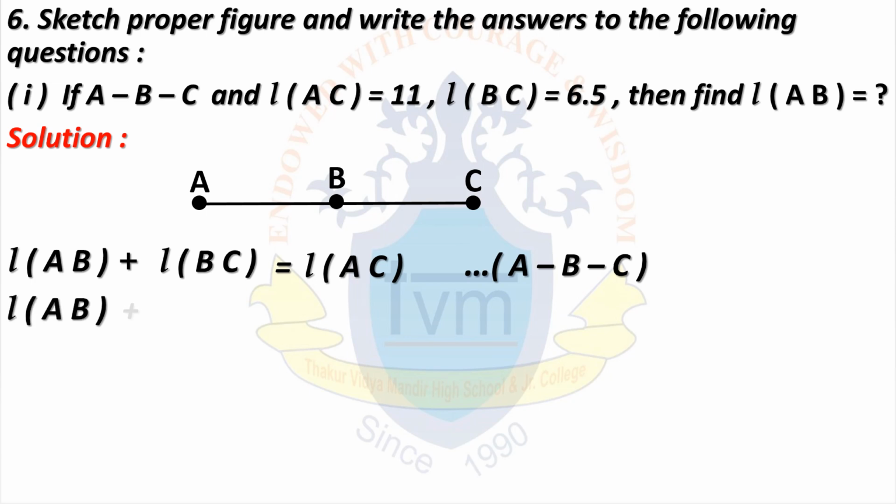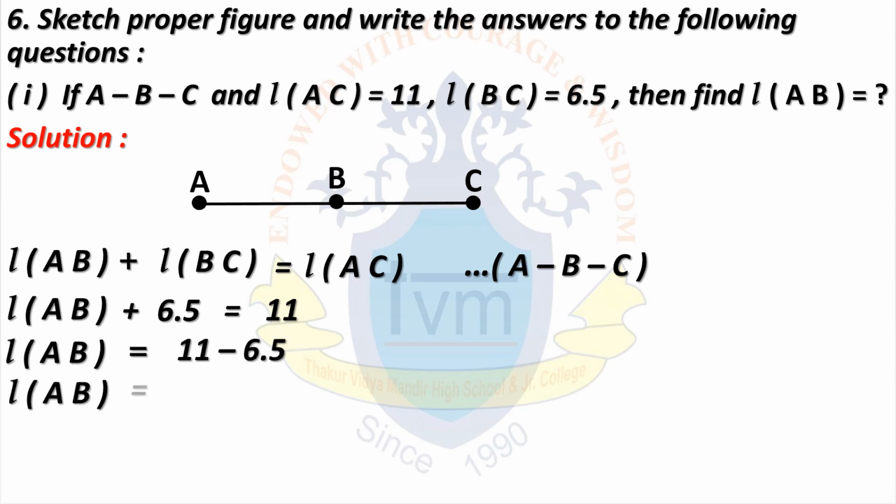So we will get length AB plus 6.5 equals 11. Now we will shift 6.5 to the other side of the equal sign, right? So what will happen? The sign of this number will change, since you are shifting 6.5 from the left-hand side to the right-hand side. So we will get length AB equals 11 minus 6.5. Length AB equals 4.5. So your length AB equals 4.5.